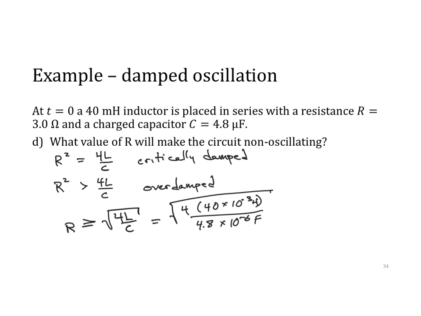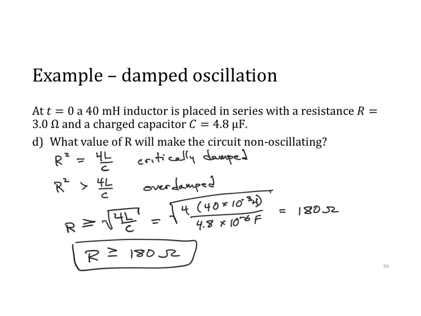And when we take the square root of that, we should get in ohms about 180. So if R is greater than or equal to 180 ohms, we will have a non-oscillating circuit.